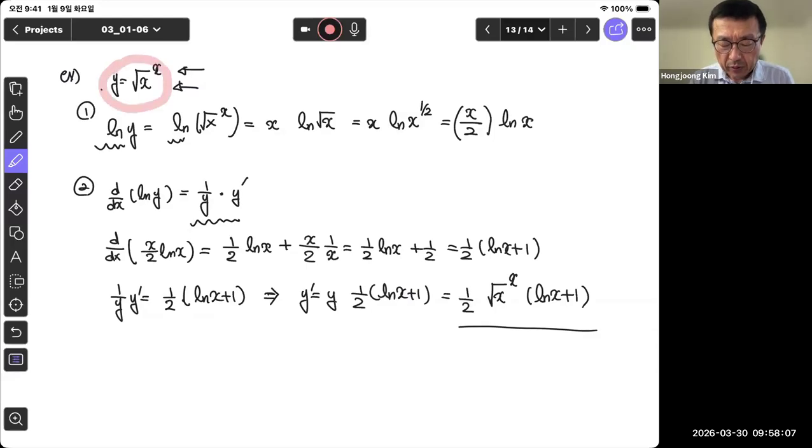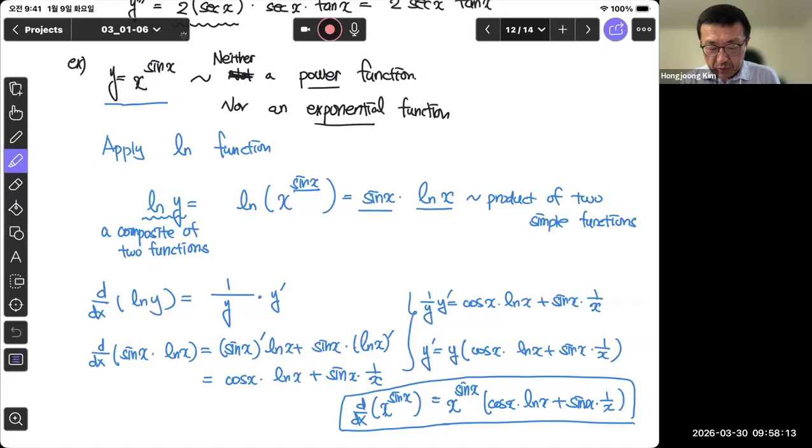This is really important, okay? So this is not a power function, so you cannot apply the formula for the power function. This is not an exponential function, so you cannot consider the derivative of the exponential function.